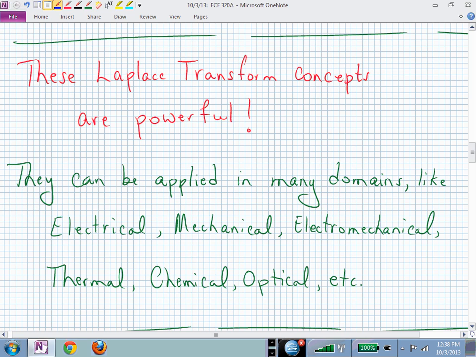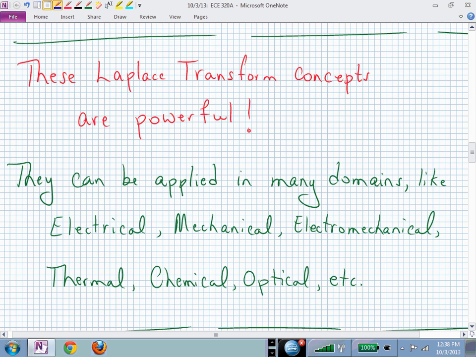I will say, though, that the Laplace transforms are more powerful than just circuit analysis. So don't just assume that since you're learning about these techniques in a circuit class, that it only applies to electric circuits. You can apply this in electrical systems, mechanical systems, electromechanical.